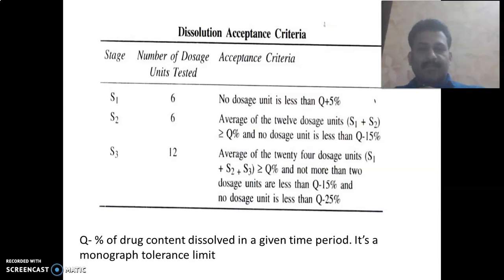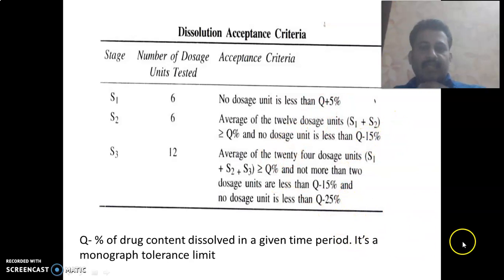That's a simple way we can say it. You have taken 24 units, the average should be equal to or more than Q, and 2 units may be below Q minus 25%, and all the other 22 should be equal to or more than Q. Then it passes the test.